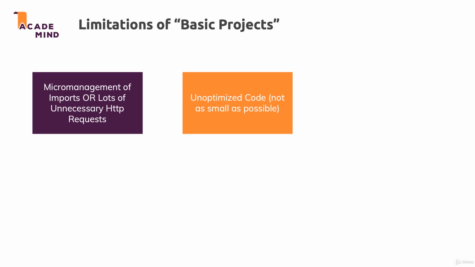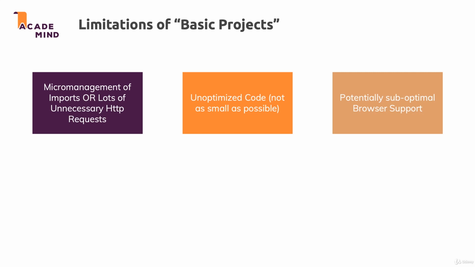Another potential problem we'll face, and I'll dig deeper into that in a separate course section actually, is browser support. As I just said, I do have a browser support section in this course where we take a closer look at this. Generally, the problem is that we of course want to use all the latest and greatest JavaScript features when we write code. Well, the problem with that is that not all these latest and greatest features are supported by all browsers.